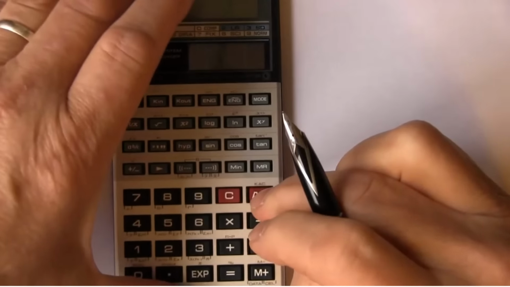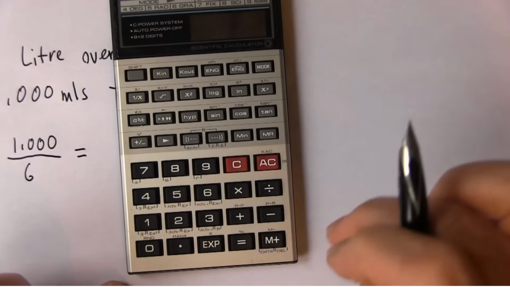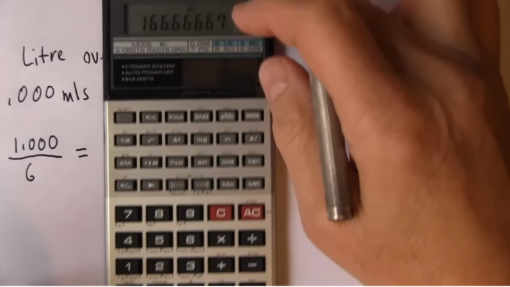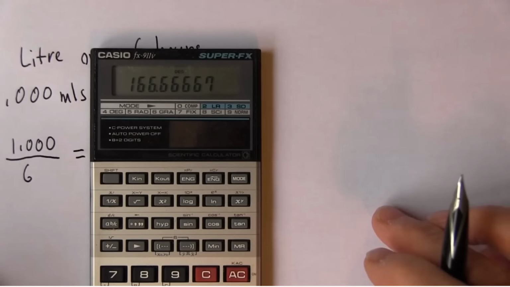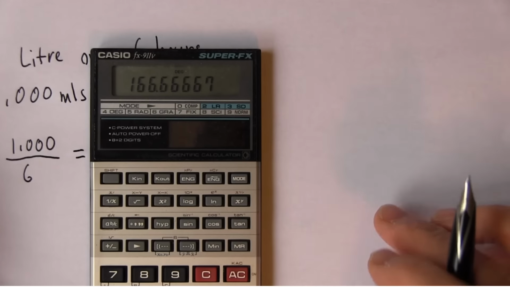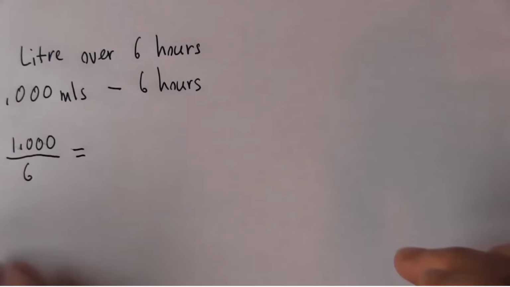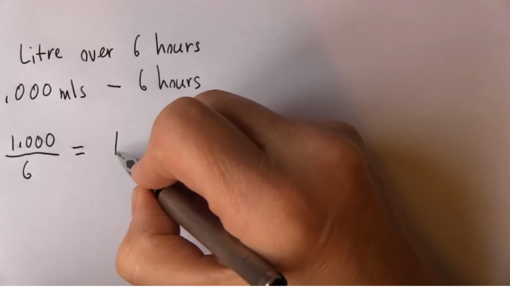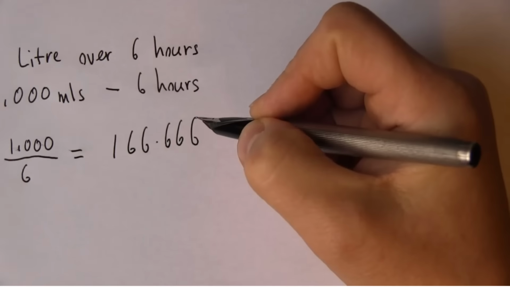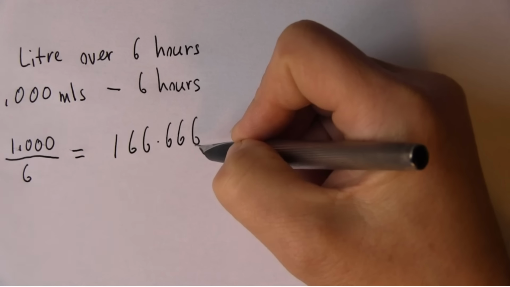So we get our calculator and it's 1000 divided by 6, and that is equal to actually 166.666. But don't worry about this, the calculator can cope with these repeating decimals. So that equals 166.666 millilitres of Hartmann's per hour.